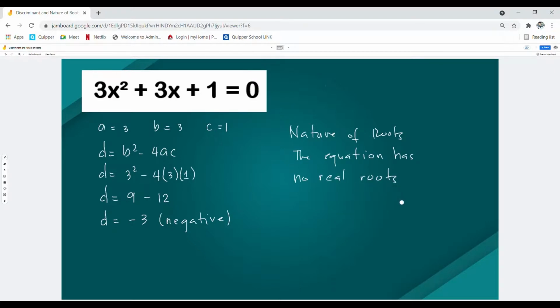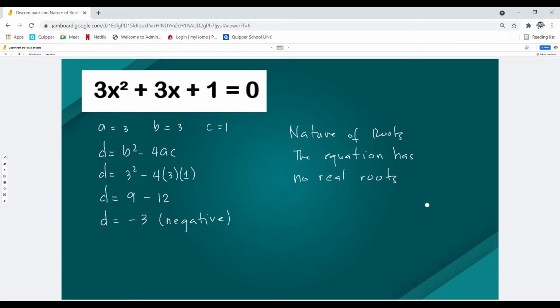So you may say the equation has imaginary complex numbers as the roots. But the exact answer, you may say the equation has no real roots, or not real roots. When we say not real roots, that's imaginary complex. So it's up to you, what word are you going to use?